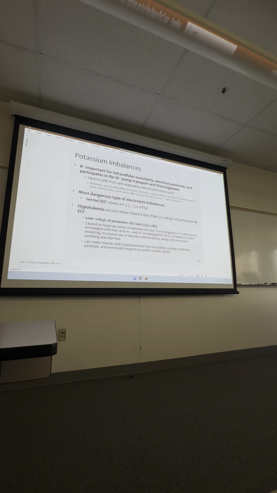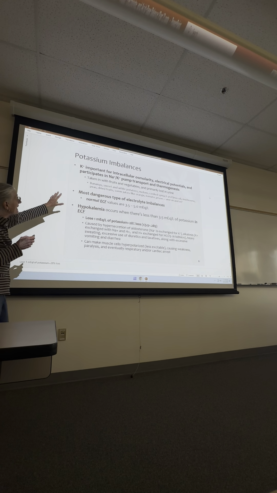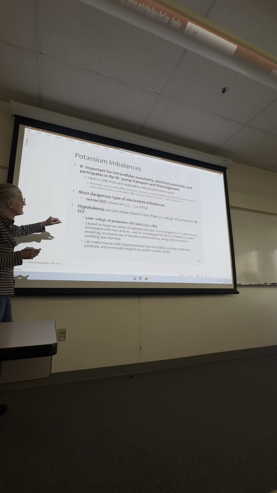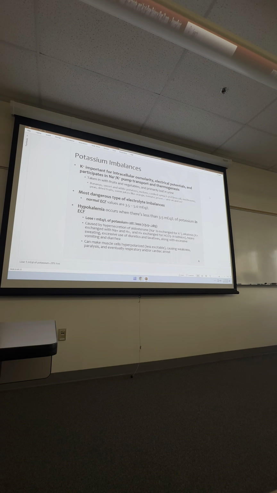Does everybody follow me on that? That's why you'll see I have this underlined and bolded. It's the extracellular fluid that we're concerned with when we talk about imbalances. And this potassium imbalance is the most dangerous of the electrolyte imbalances. So if we have hypokalemia, low potassium, and by the way, look at how many places we can get potassium.